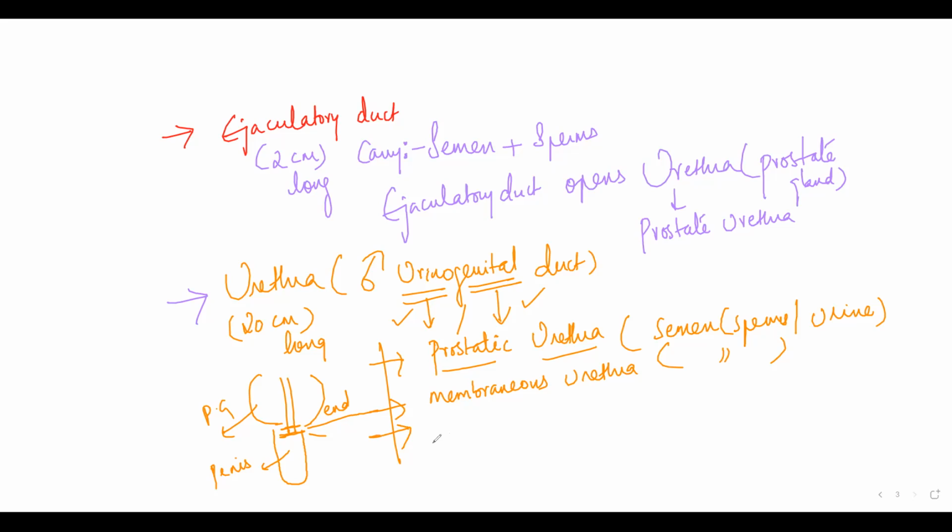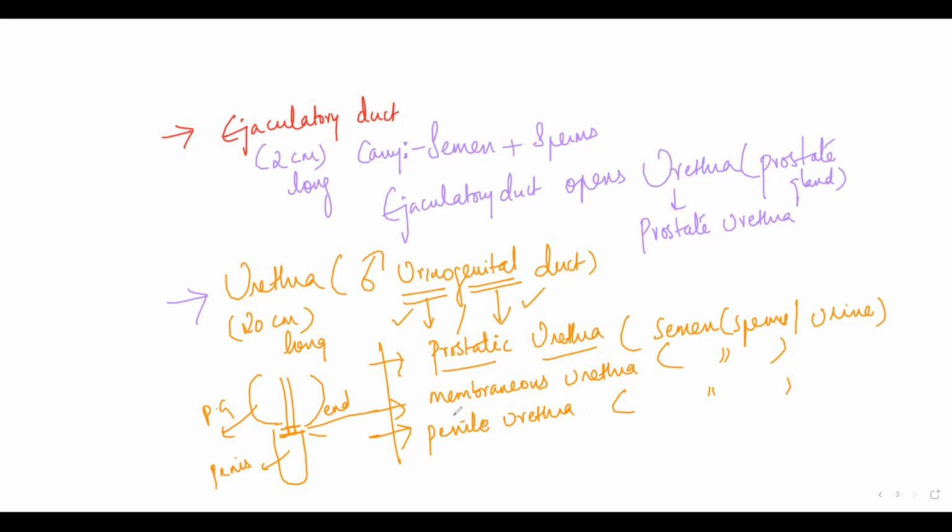And the next one that we are going to have is the spongiosum, that is the penile urethra, okay? Penile urethra, which is passing through the penis. This is also going to perform the same function, children.